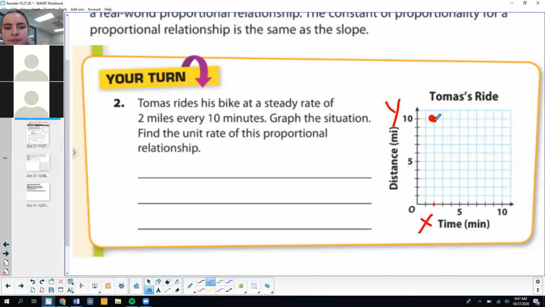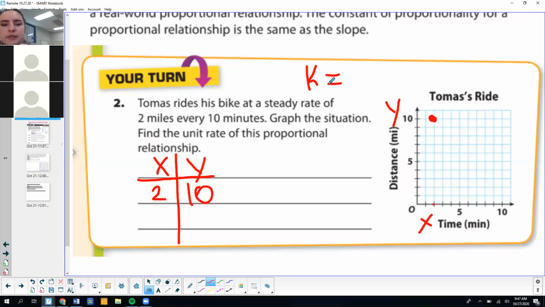If we're thinking about a table, I'm actually going to set up a table for us because we did talk about constant of proportionality. So this should be pretty easy for us to figure out what comes next. So if x is 2, he rides 2 miles every 10 minutes, we should be able to find the unit rate. Remember that constant of proportionality is going to be y over x.